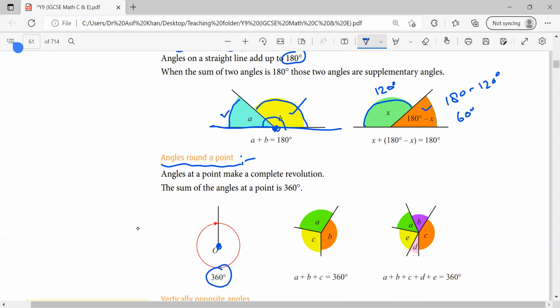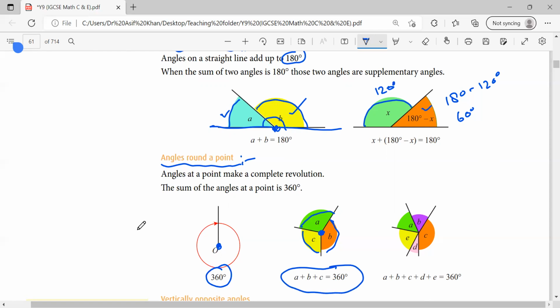Similarly, if we consider the angles about a point, there are these three lines, and because of these three lines, there are three angles. Angle A, green color, angle B, this brown, angle C, this yellow. If you add all these three angles, this will be equal to 360 degrees. Why?